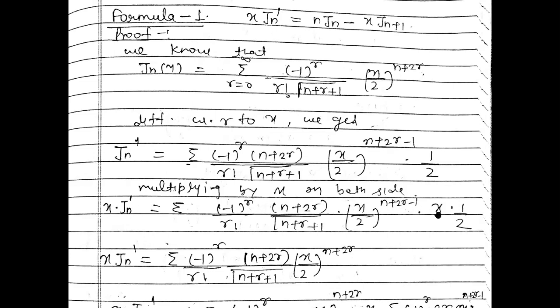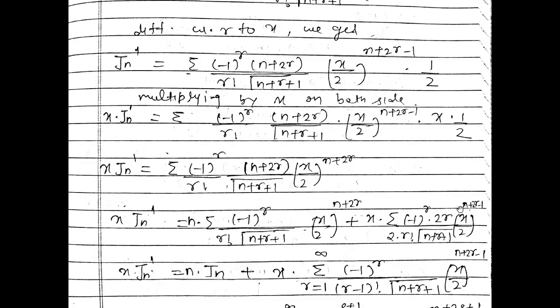So minus 1 and 1, we can see here x by 2, right? x by 2 combined. So this is your base and this x by 2 base. So both bases are same, so powers can be added or subtracted. So x by 2 to the power n plus 2r minus 1 into x by 2 to the power 1 here. So it will be cancelled out and it gives this step. Right, now what next step, what we are doing here, we x Jn dash, n plus 2r.